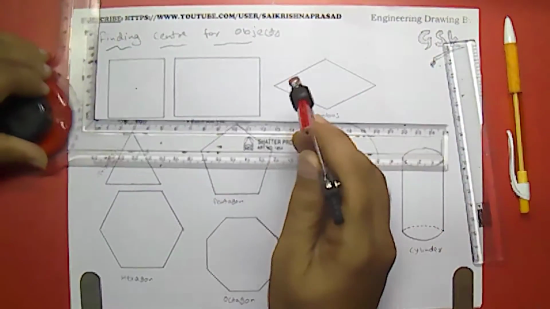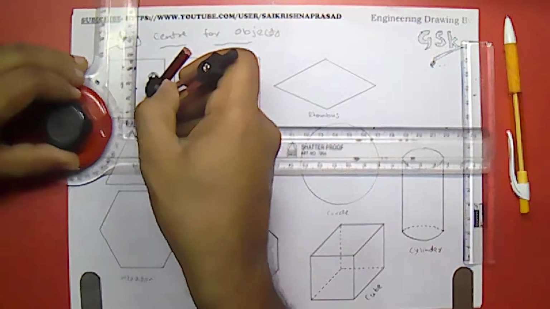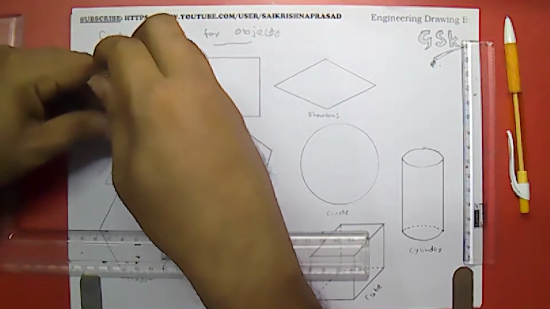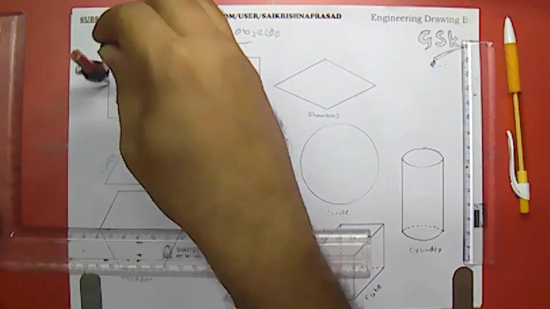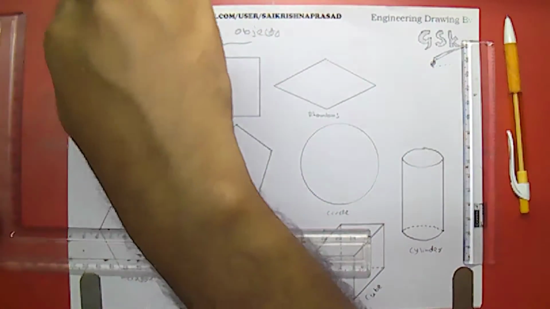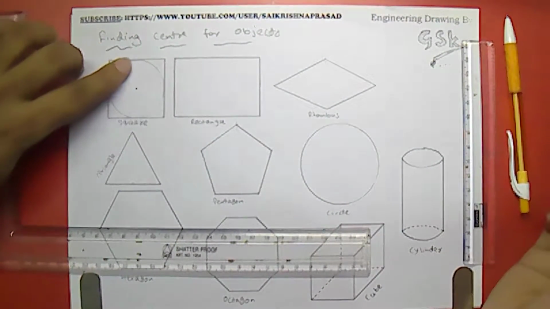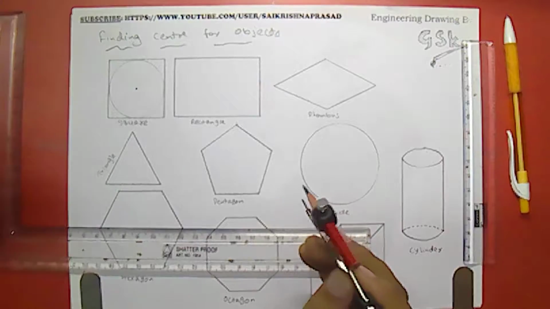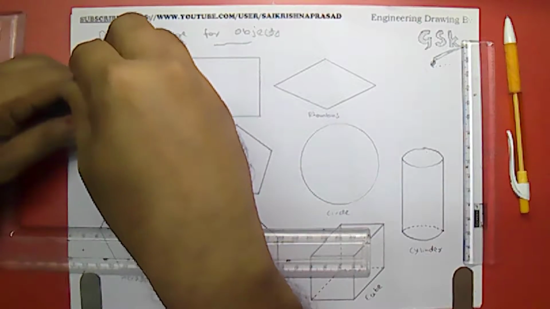For checking the center, I'll be drawing a circle inscribed in this. So here you can see the point which we have found, the center of this object, is the exact center, and we can inscribe a circle inside any object, or else we can inscribe the object in the circle itself.